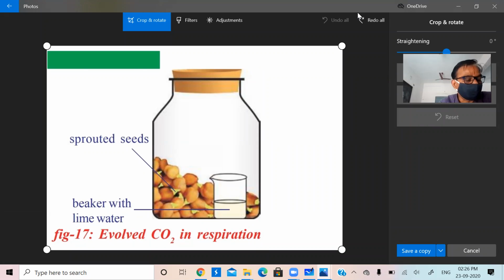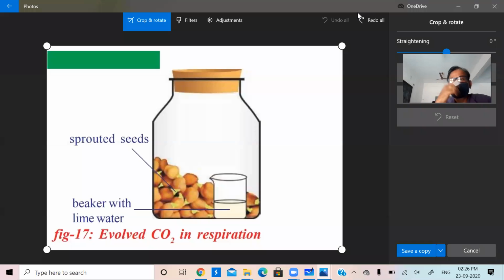Take a handful of moong dal or Bengal gram seeds. These seeds will be soaked for a day before doing the experiment. So take those soaked seeds and keep them in the bottle, and take some lime water in the beaker, and that beaker is kept inside the bottle, and the bottle is closed with a tight cork.